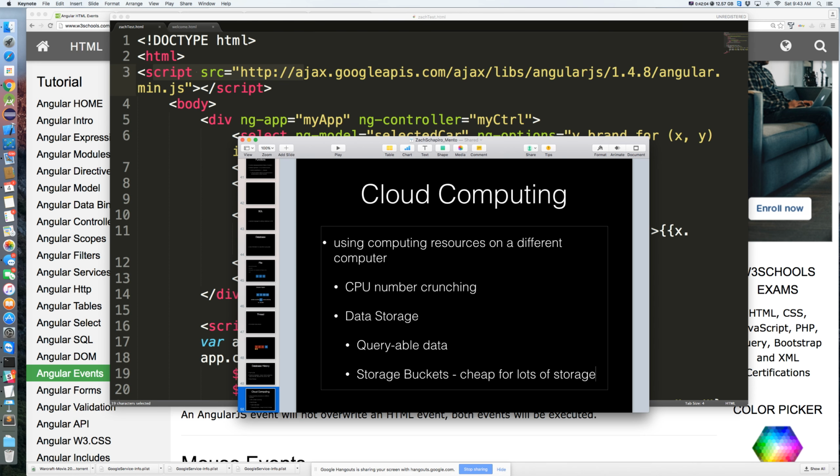Parse had a 10 megabyte limit per picture, which is fine, but you would start getting into their paid tier of storage very quickly, and it would cost you a lot of money. Whereas you can store, for example, 3 terabytes of data on Amazon S3, which is their storage bucket, for something like $10 a month. So it's not overly expensive.